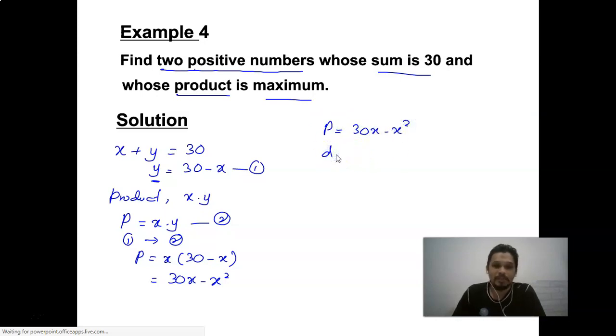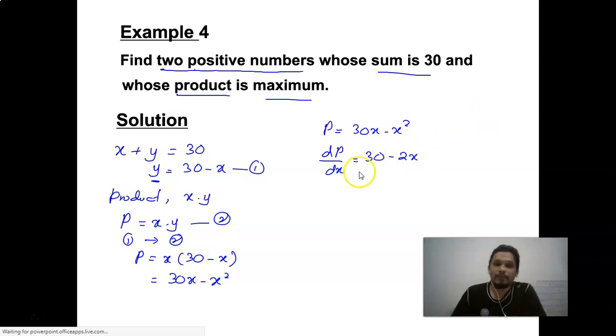Then we differentiate P with respect to x. Let's differentiate this one by one. Differentiating 30x gives you 30, and differentiating x squared gives minus 2x.